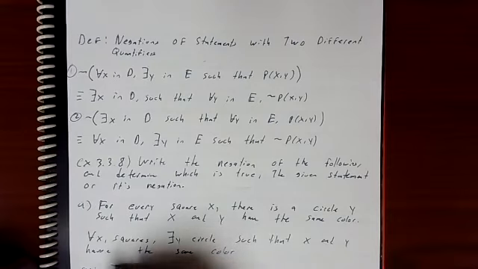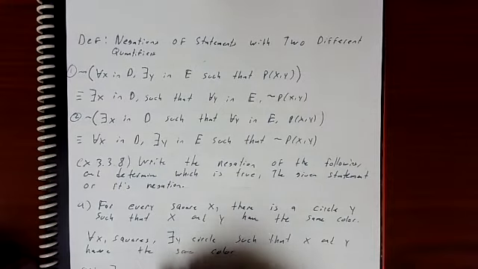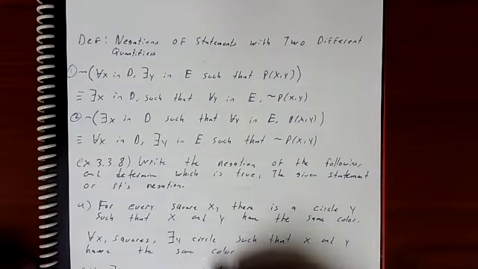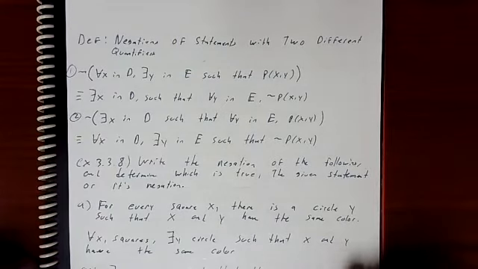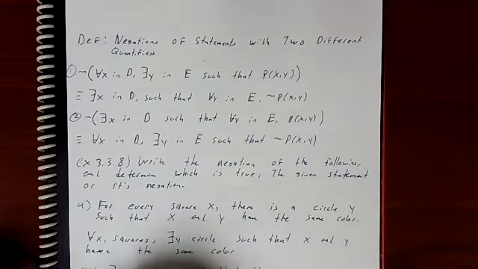The negation, the answer would be there exists, right, negate the square. There exists a square, if you prefer writing it this way, a square x such that for all circles y, x and y do not have the same color.